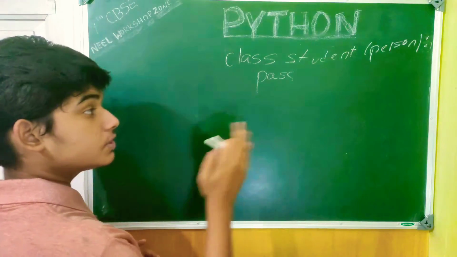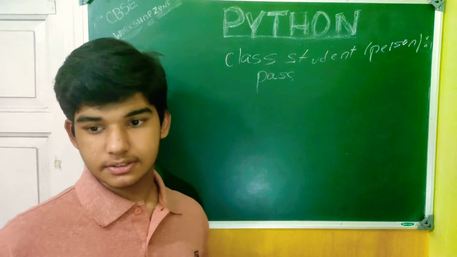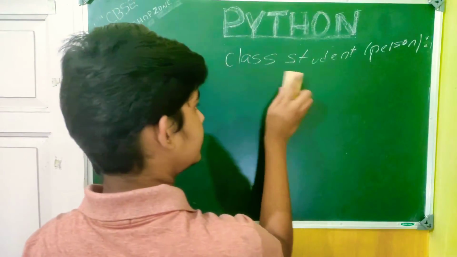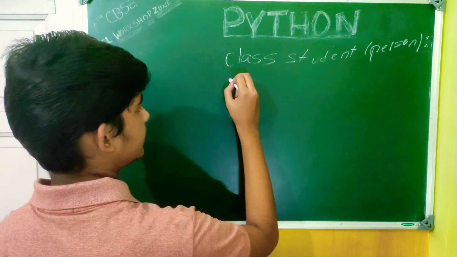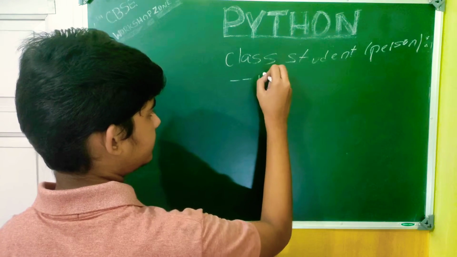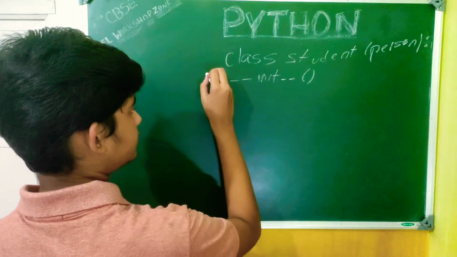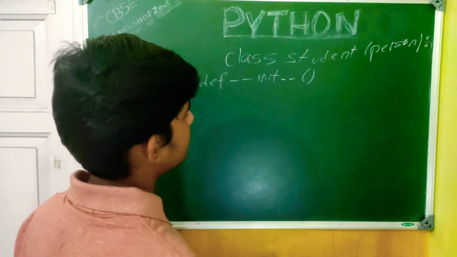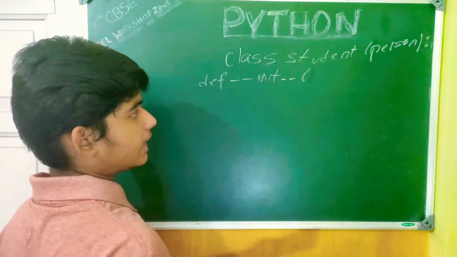Now instead of using the pass keyword, you can also use some other keyword, which is known as the init function. So basically, instead of just writing pass, you can write underscore underscore init underscore underscore. Before this you need to write the def keyword, and that's how you can write a child class.